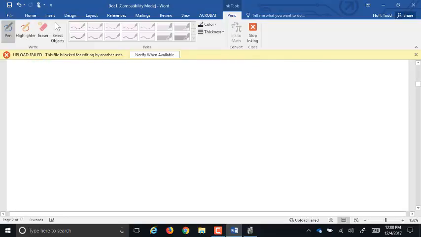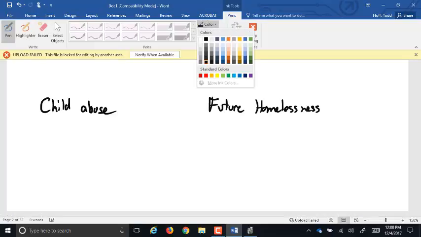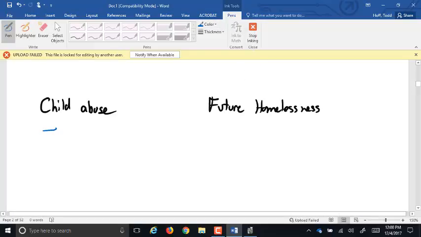Here's a case where you have child abuse and future homelessness. What they're saying is that people that were abused as children have higher rates of homelessness as adults.